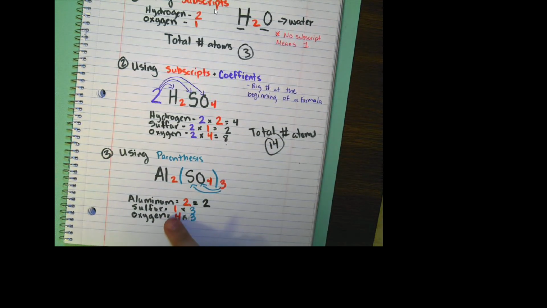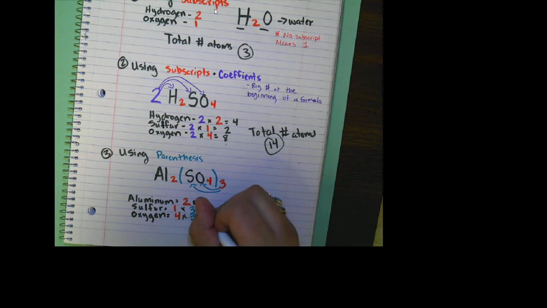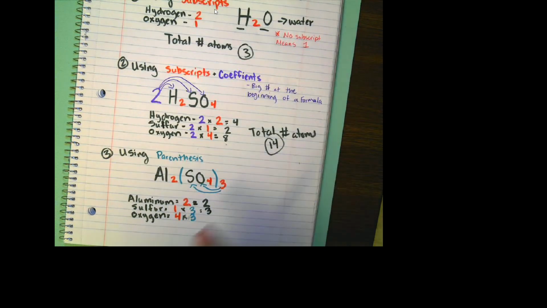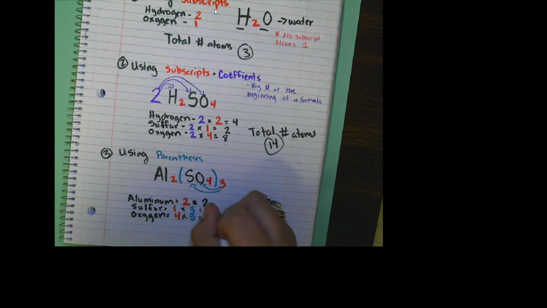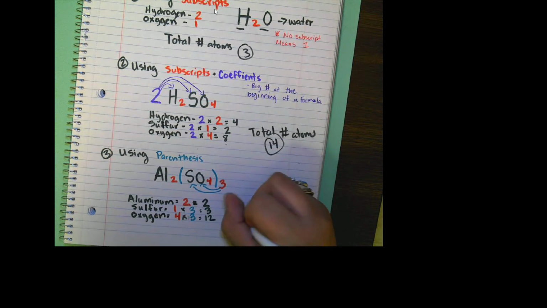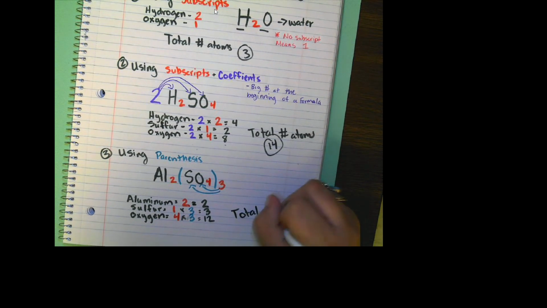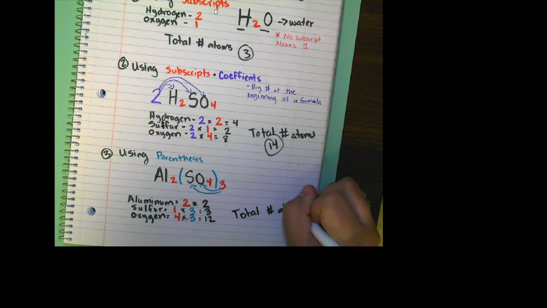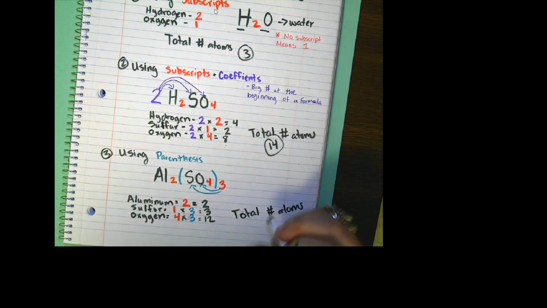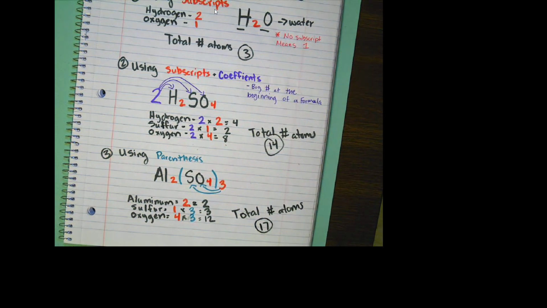Sulfur, I have the 1 times 3, which is 3. And the oxygen, I had 4, and my parentheses was 3, so 4 times 3 is 12. So my total atom count is 17.